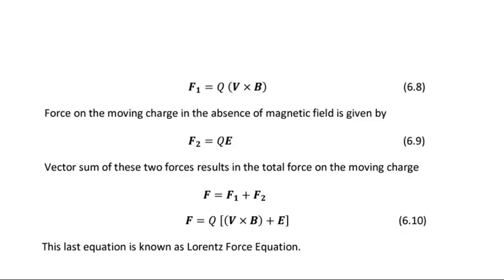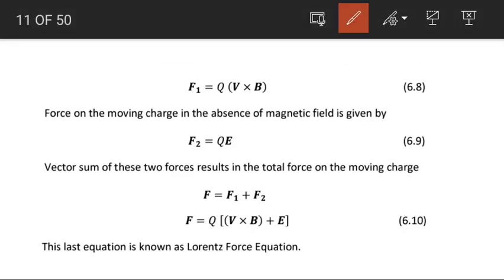So we assume that the electric field does not exist in the vicinity of the moving charge. So the force which is experienced by this moving charge in the presence of the magnetic field is given by equation number 6.8.